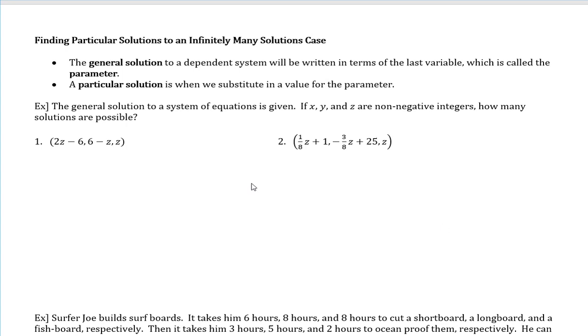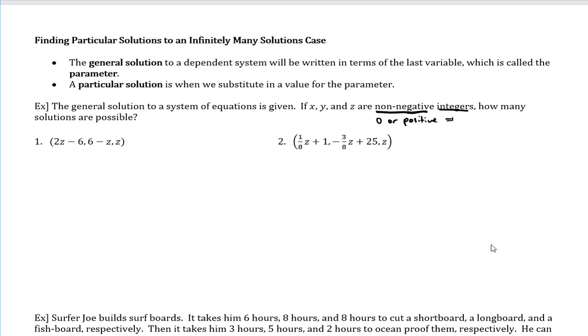So in these, we have our general solution, and now we've got some restriction to it to find a particular solution. In this example, it says the general solution to a system of equations is given. If x, y, and z are non-negative integers, how many solutions are possible? Non-negative means it's got to be 0 or positive, and integers are your counting numbers.